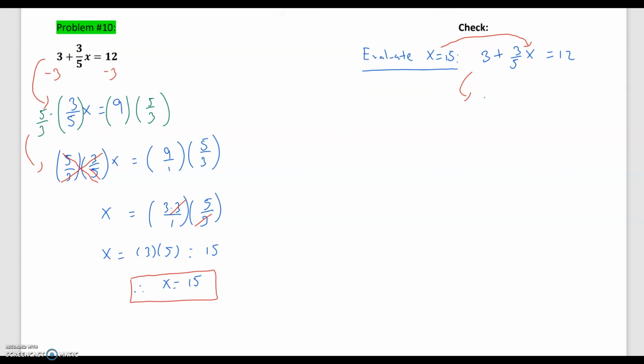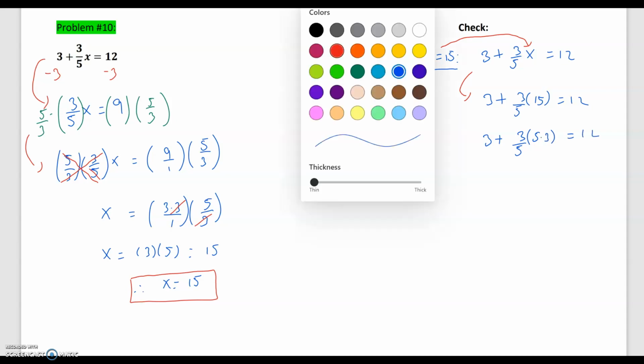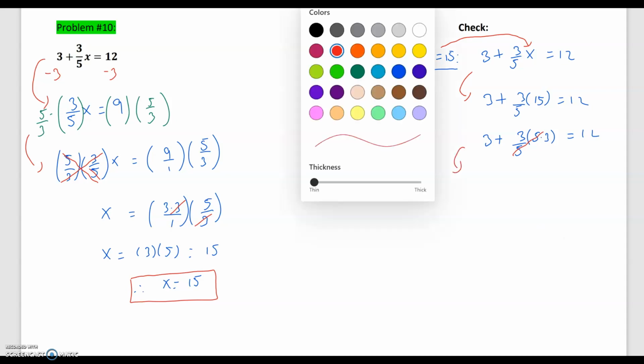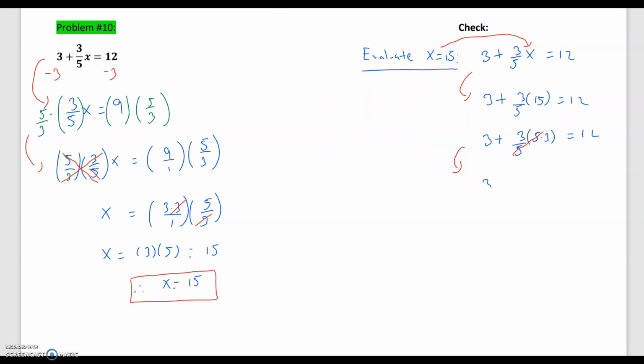So this is just 3 plus 3/5 times 15 is equal to 12, or 3 plus 3/5, and this will be 5 times 3 is equal to 12. The 5's cancel, and we're left with the original 3 plus 3 times 3 is equal to 12, or 3 plus 9 is equal to 12, or 12 is equal to 12. That's actually it for this one.